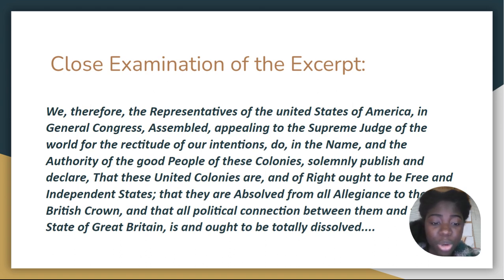It says, "We, therefore, the representatives of the United States of America, in General Congress assembled, appealing to the Supreme Judge of the world for the rectitude of our intentions, do, in the name and the authority of the good people of these colonies, solemnly publish and declare that these united colonies are, and of right, ought to be free and independent states, that they are absolved from all allegiance to the British crown, and that all political connection between them and the state of Great Britain is and ought to be totally dissolved."